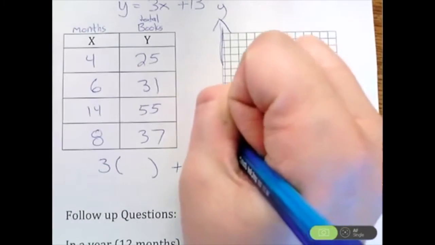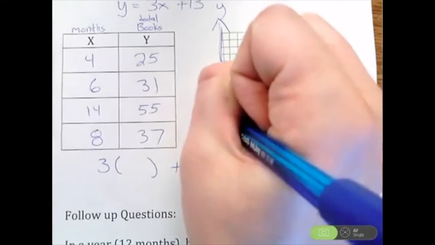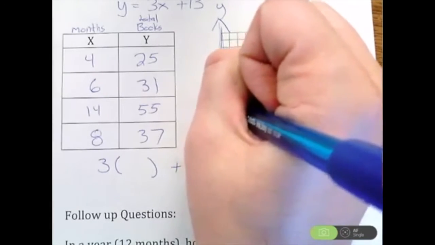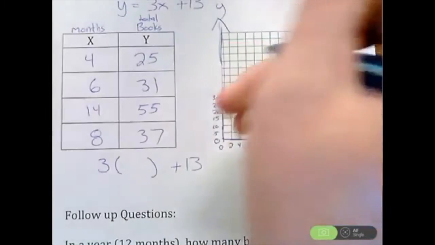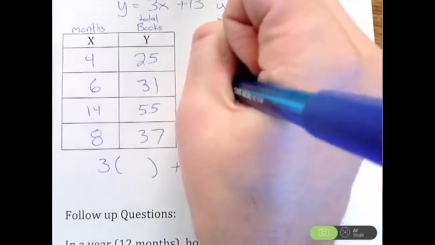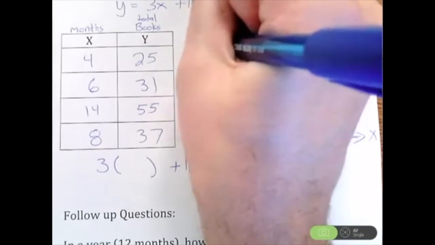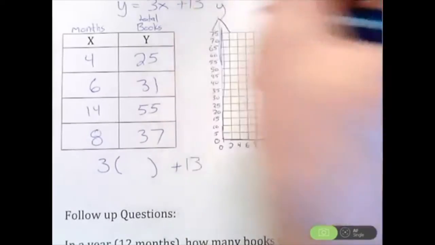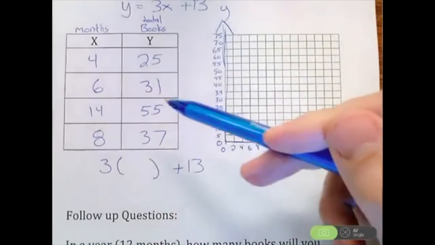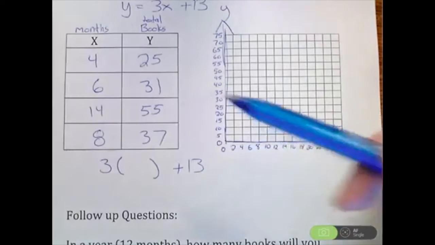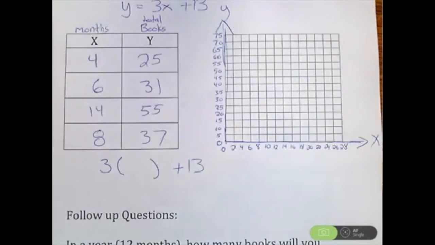So I'll do 5, 10, 15, 20, 25, 30, 35, 40, 45, 50, 55, 60, 65, 70, 75. So it goes a little bit bigger than what I have on here, and that's totally okay. I just want to make sure everything's covered here.